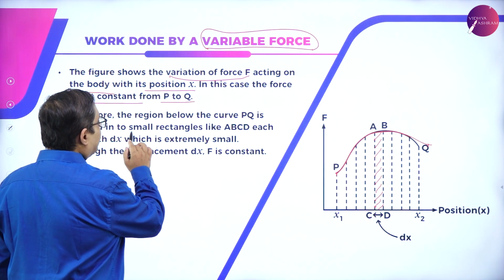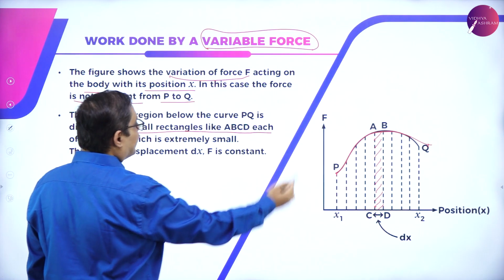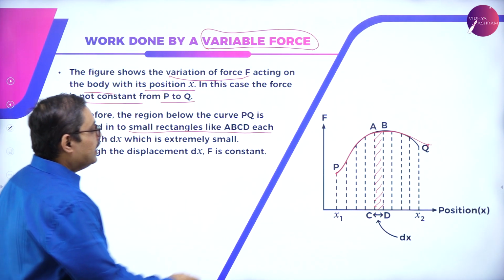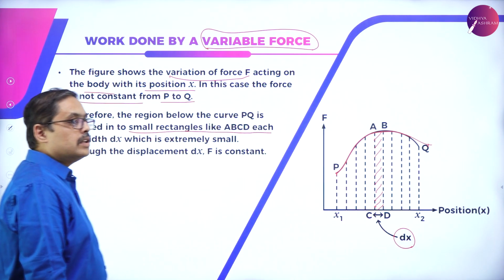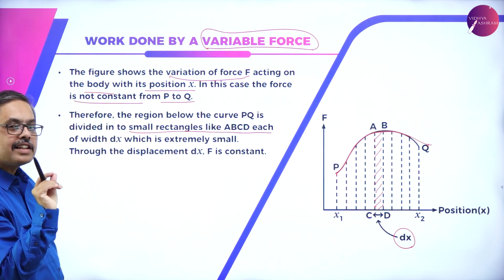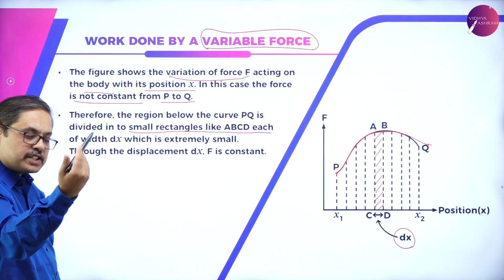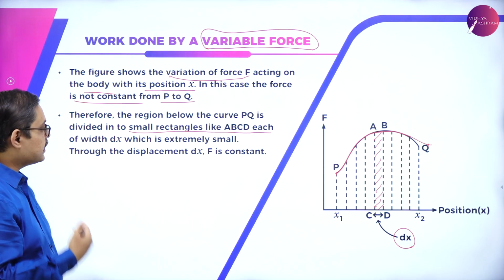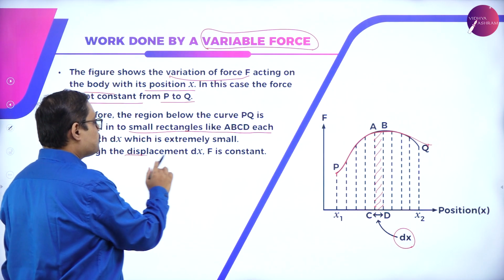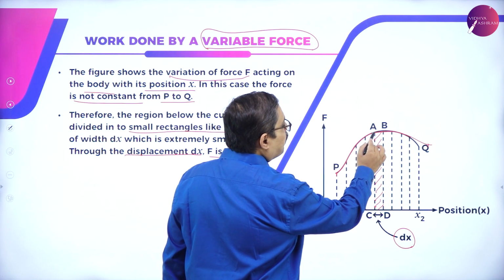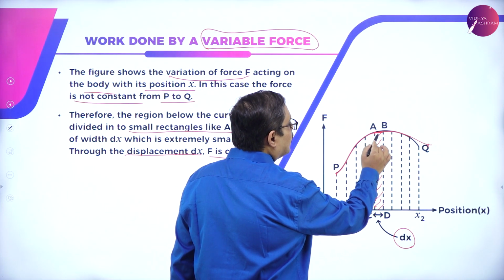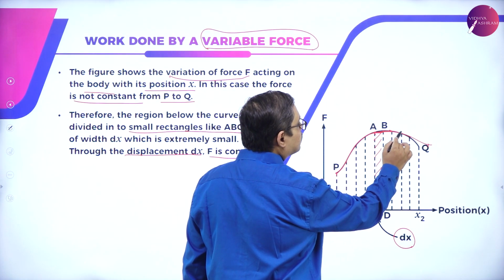I have divided the entire sketch into a number of small rectangles like ABCD, each having a width of dx. So there is a small change in displacement. That is why I have given the term dx. Through this small displacement dx, F is a constant. You can see that for this distance dx, the force remains constant.